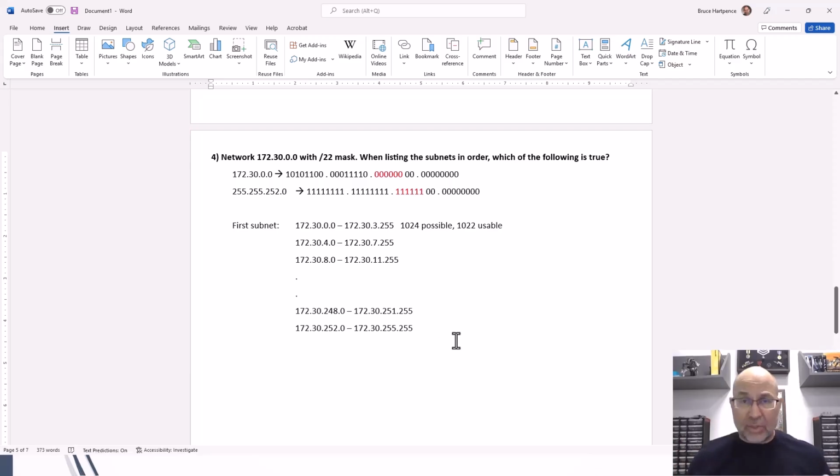So there are some patterns and shortcuts you can look at, but you have to know what you're looking at. Those were the two answers: this was the highest subnet, and we created 64 possible subnets because we stole 6 bits.